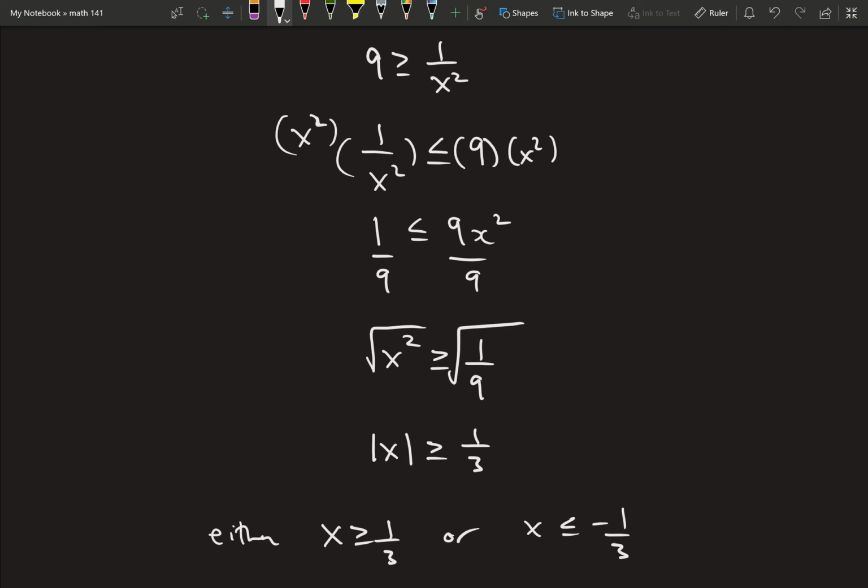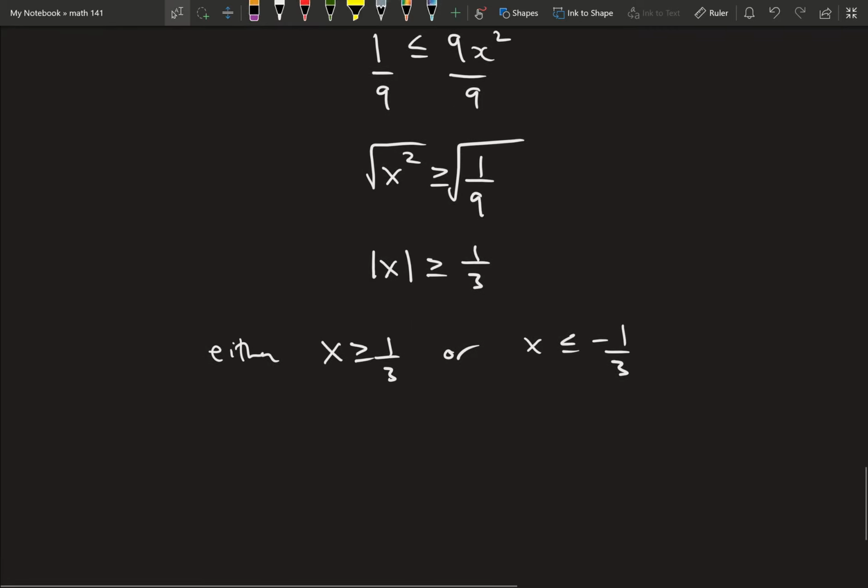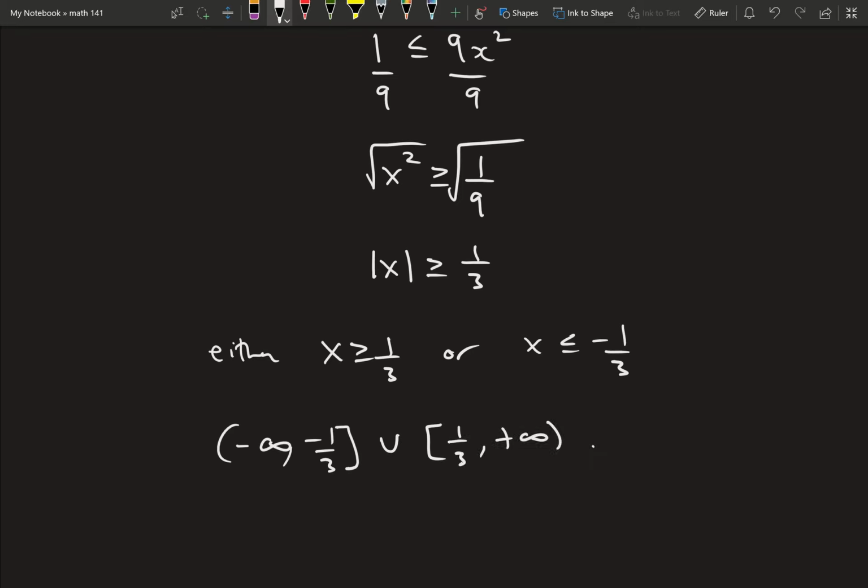Recall, when you have a greater than in an absolute value, it splits into two different cases. So we get the interval negative infinity to negative 1/3, as well as the interval from 1/3 to positive infinity. So these are the values that are allowed, so this is our domain of the expression.